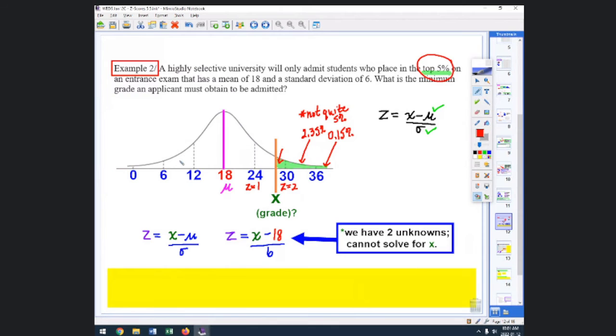It's actually going to give me the percentage below. So if I'm 5% above, what percent is below? Isn't it 95%? So if I get the Z-score for 95%, is that the same as the Z-score for 5% above? Same thing.